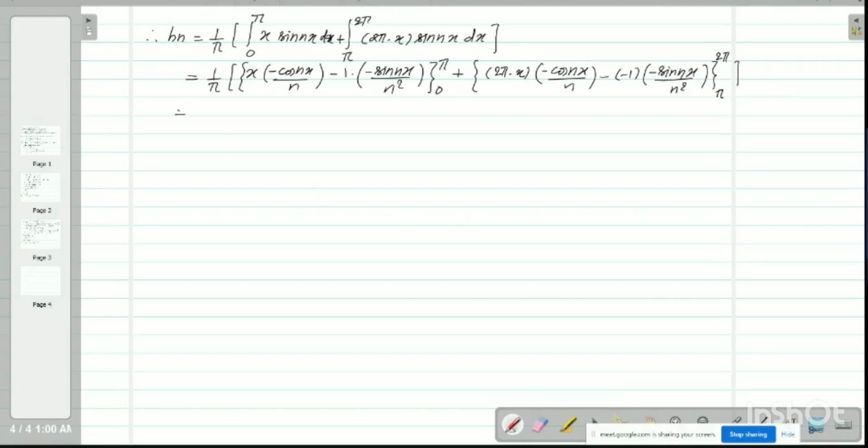So this is equal to 1 upon pi, and just simplify, then apply the limit.